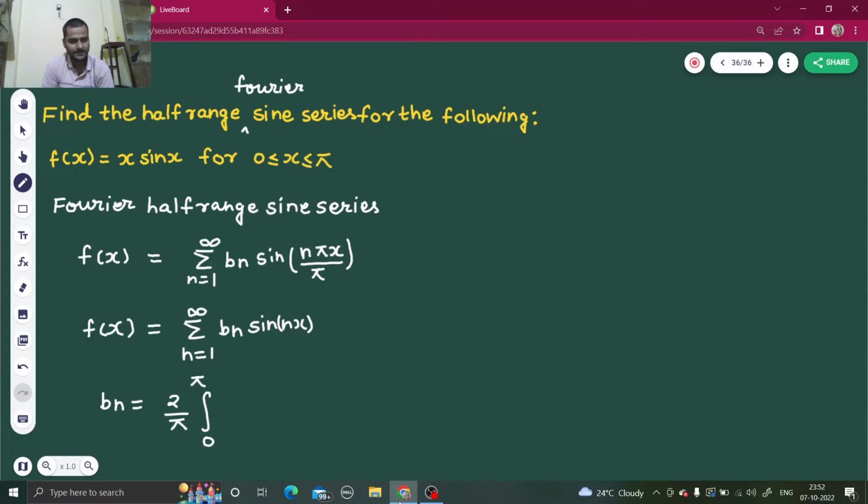So f(x) is x sin x and with that you have sin nx. Now here it is the product of three functions. So first of all we'll convert this to the product of two functions by using some formulas.